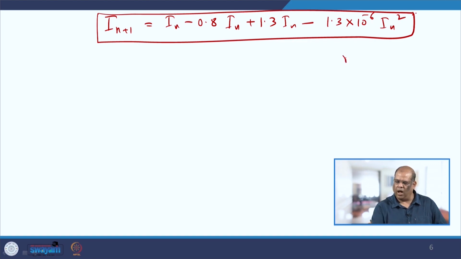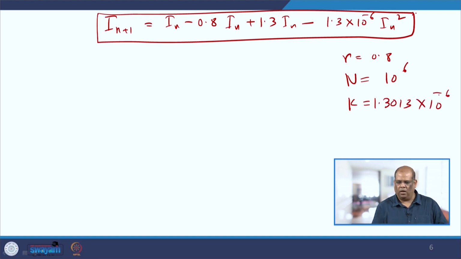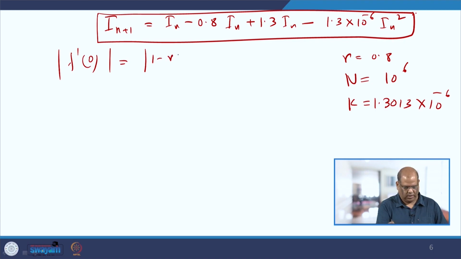So, the value of r is 0.8, the value of n is 10 to the power 6, and the value of k is 1.3013 into 10 to the power minus 6. Now, if you recall the stability condition, it says that mod of f dash 0 is equal to mod of 1 minus r plus k times n.